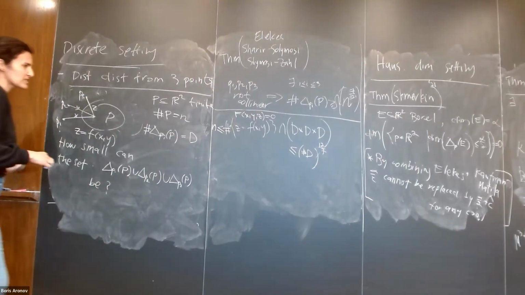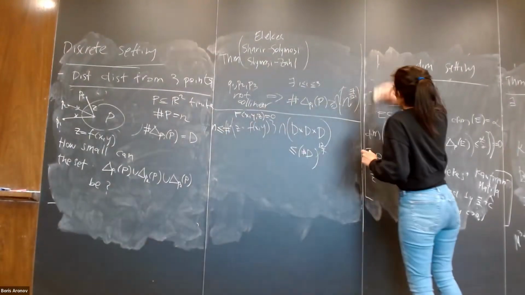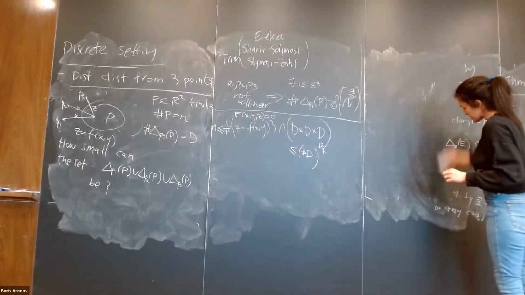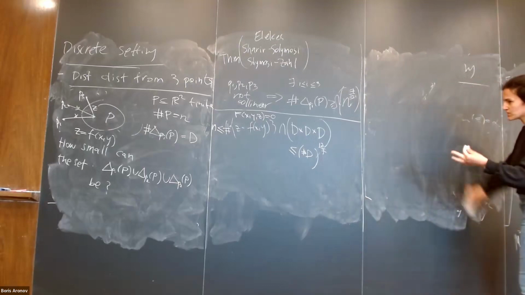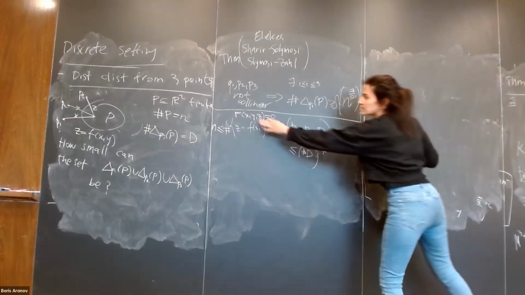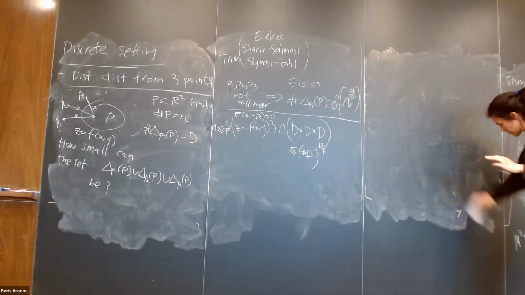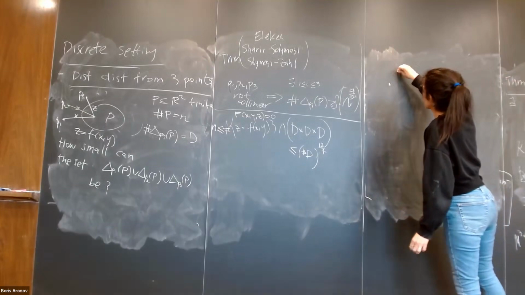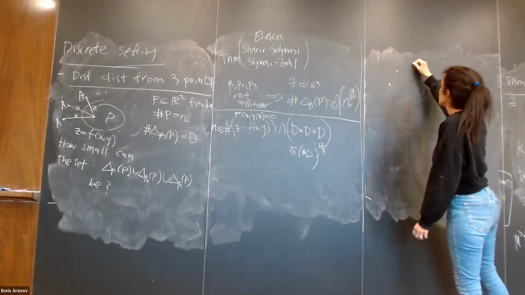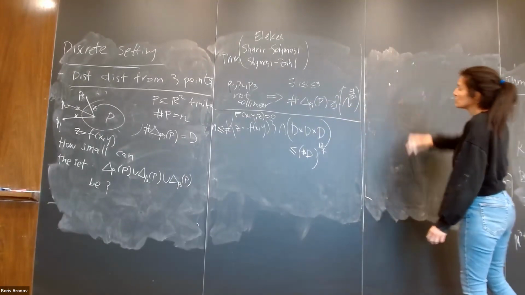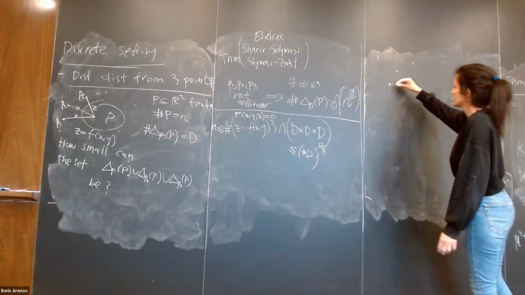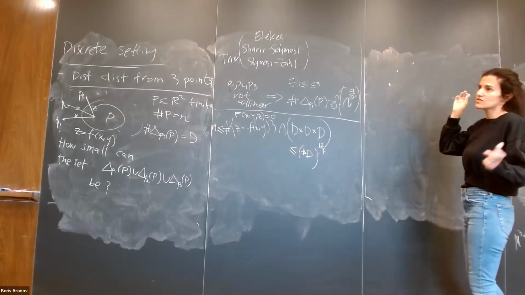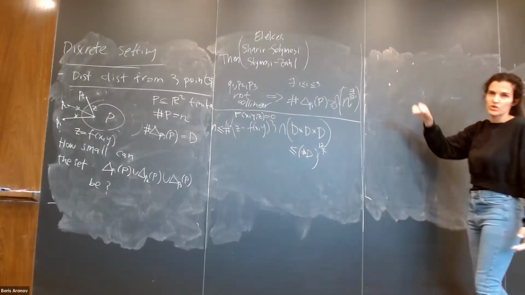Okay, so now in the discrete setting, formulation. What happens in the discrete setting is that we want to prove the same statement, and we know how to prove the statement about polynomials. Let's do that. But the thing is that if the points are very close to being collinear, then maybe the set of distances will be very close to the set of distances of 3 collinear points, by continuity.